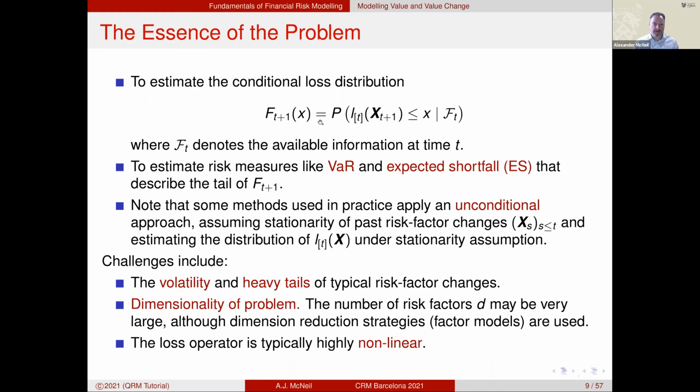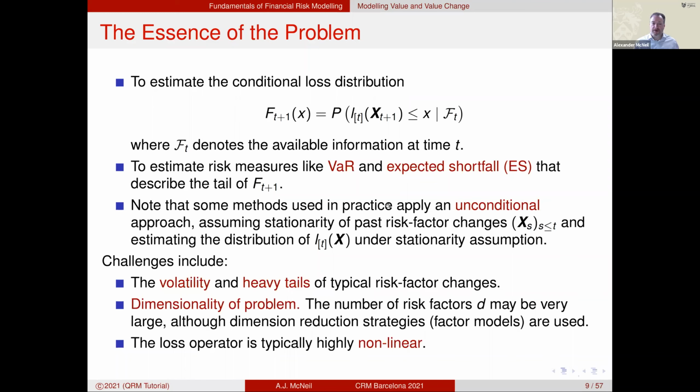So we're interested in risk measures that describe a conditional loss distribution. And the methods that are used in practice, if you're really interested in a conditional loss distribution, you need dynamic estimation methods in order to capture the effect of volatility on the risk of the trading book.